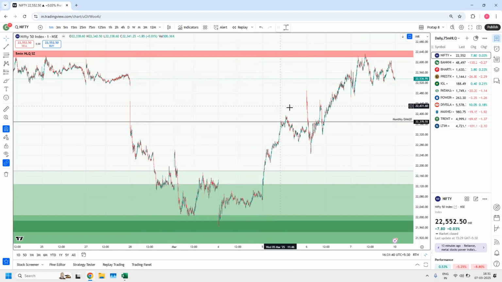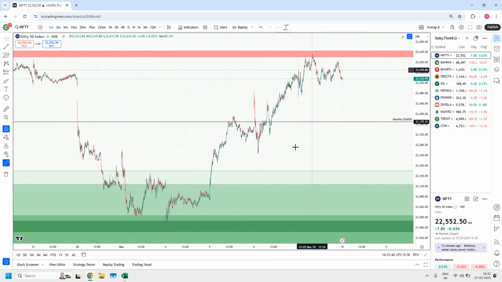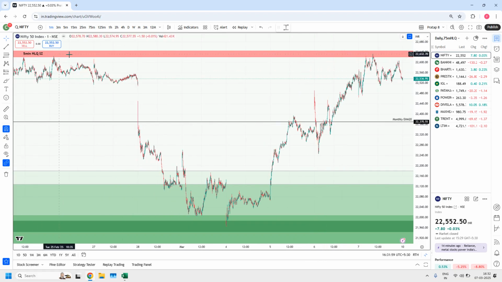That is what I am saying, approximately 600 points. So from here to here, you captured 600 points. So definitely Nifty will react. It has to react because critical levels already they kept a high liquidity zone.